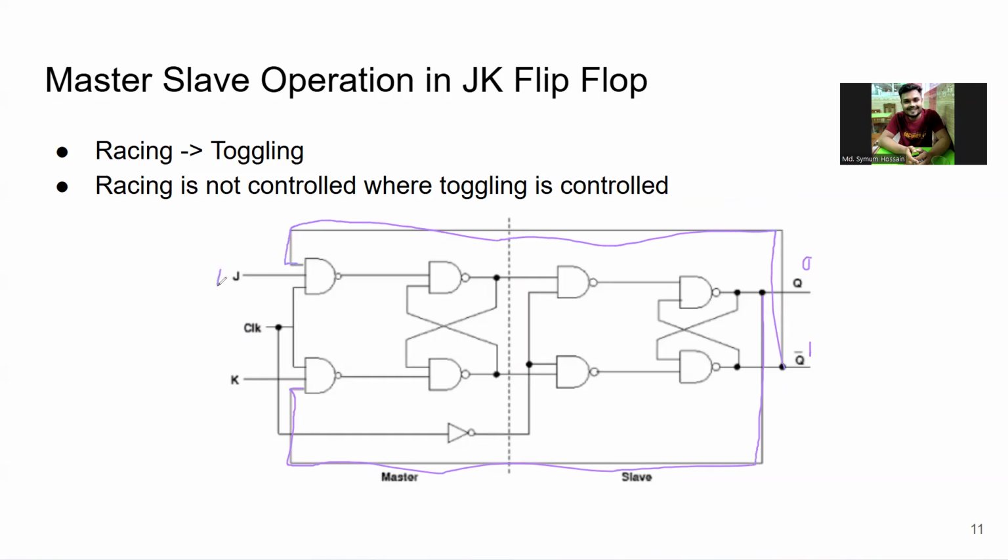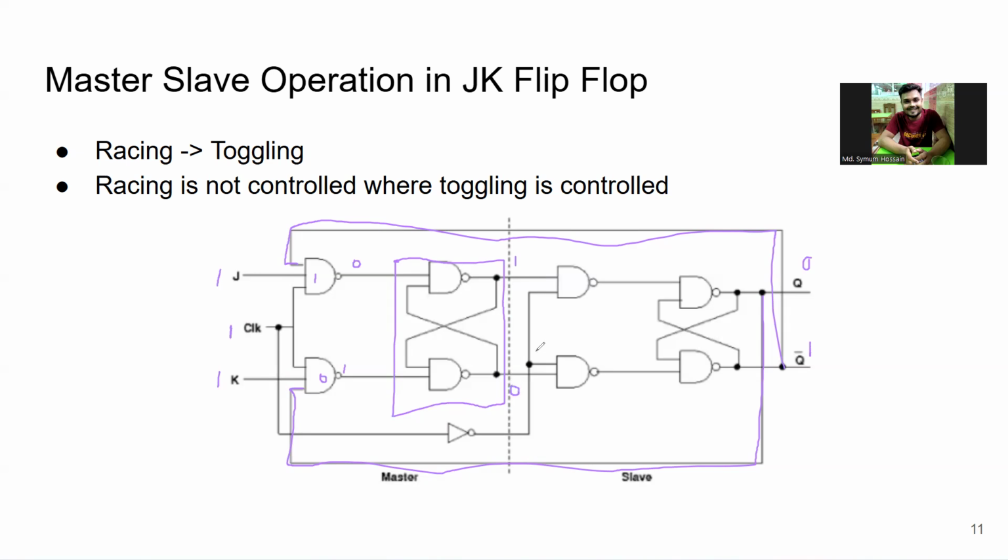We want to put J and K as 1 1, and we want to activate the master. So 1 1 and 1, here we found 1 and it will convert as 0, as well as it will create 0 and it will create 1. As you can see, this is a latch structure. So when the latch takes 0 1, it will convert 0 1 to 1 0.